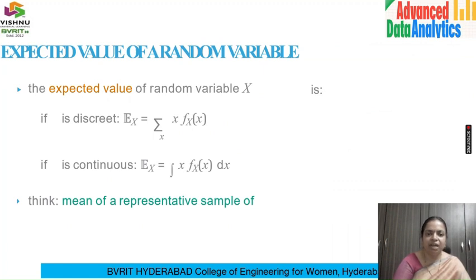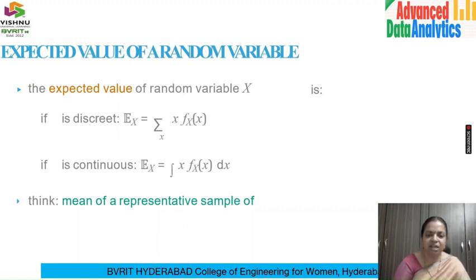And the expected value of a random variable we can find as follows. If it is a discrete value, then we use E of X equals the summation of x times f of x, that is, the product of x with the function result of x.